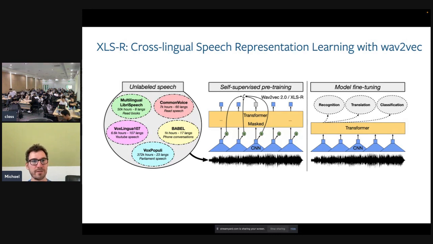Sometimes it has examples from English, sometimes Swahili, sometimes Amharic, and the list goes on. So it simply tries to solve the task that I described earlier. And then we simply fine-tune this model for a bunch of different tasks at the end.